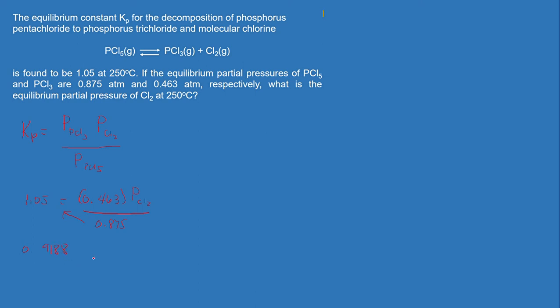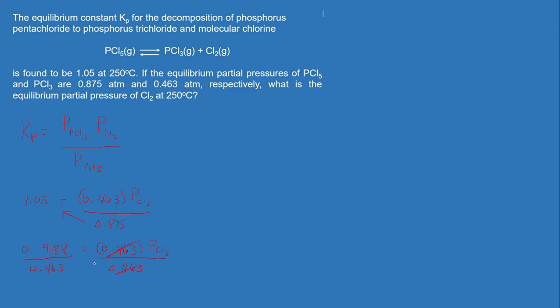0.9188 is equal to 0.463 times the partial pressure of Cl2. Okay? So, transpose natin ito by dividing both sides of the equation by 0.463. Cancel.